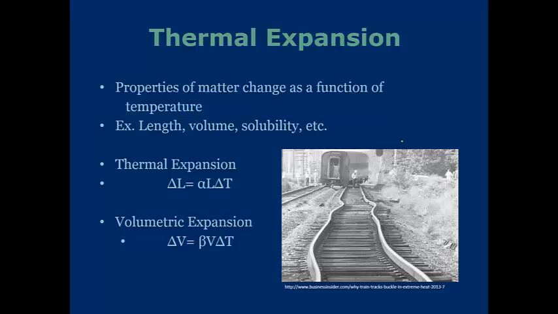Simply put, it states that the change in the length or the volume is equivalent to the property of the compound, which is noted by alpha or beta, times the length or volume, times the change in temperature. It's the exact same for both, so if you have one memorized, just know that you can use it for both expansions.